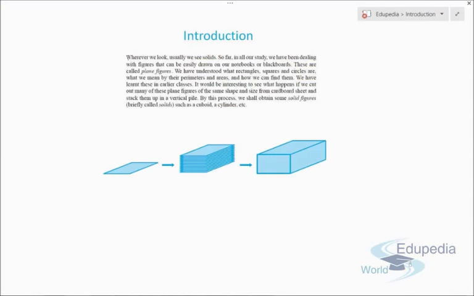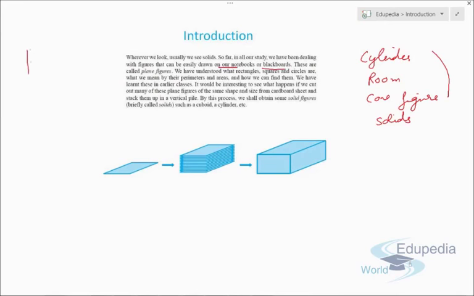Whenever we look around, usually we see solids. Let's say we see a cylinder or a room, or any cone shaped figure. These are all solids. So far in all our study we have been dealing with figures that can be easily drawn on our notebooks or blackboards.